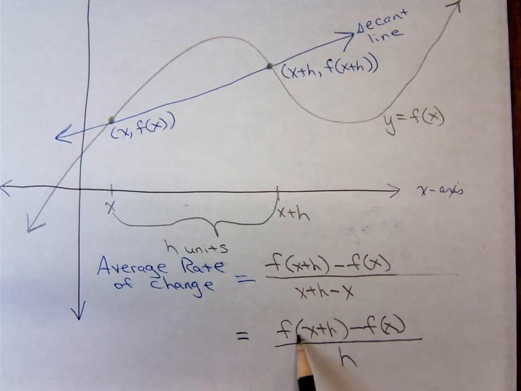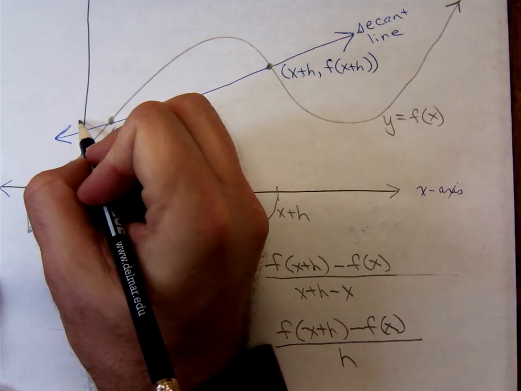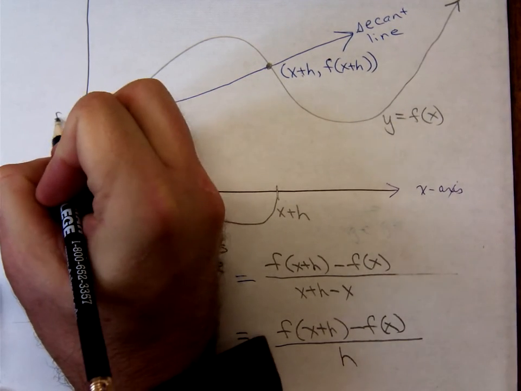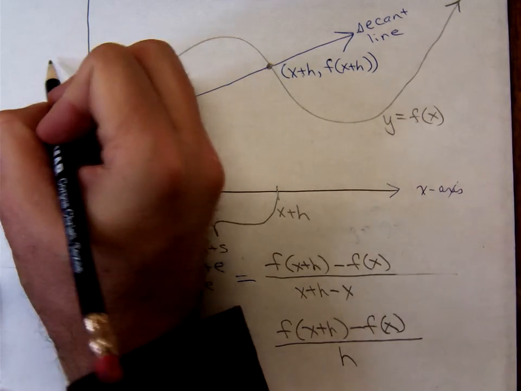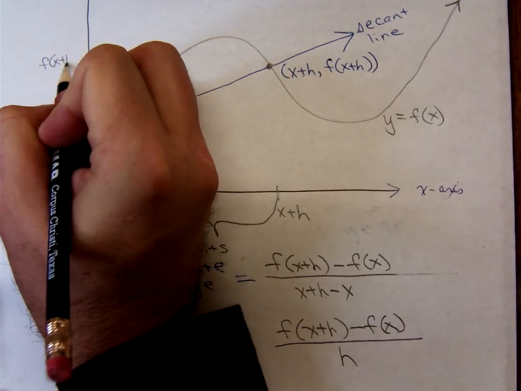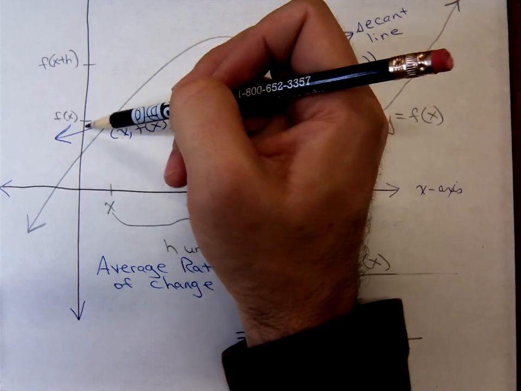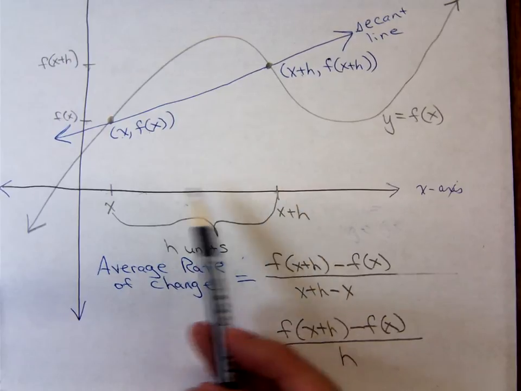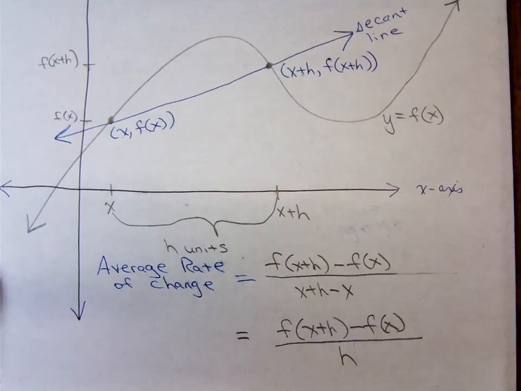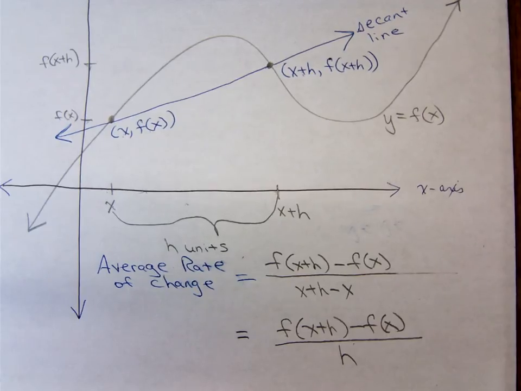Basically, this numerator is giving us the change. There's f of x, and there's the terminal y value, f of x plus h. The average rate of change is giving us that difference in the y values divided by the difference in the x values. Exactly what we expect from an average rate of change.